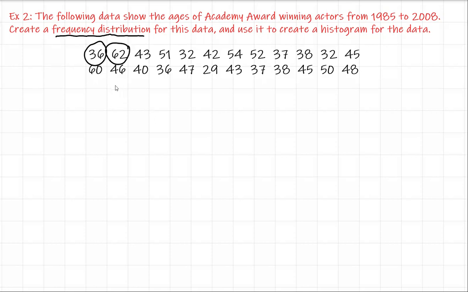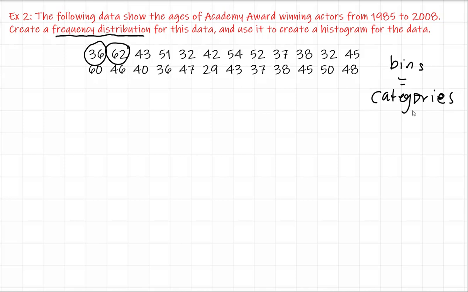We're going from the 30s to the 60s. So there's a lot of different ways you can make the intervals. And sometimes with a histogram, we call the intervals bins. So the bins will be our categories here. Sometimes you'll be told how many bins to use, and that'll give you an idea of how to separate the data based on that number of bins.